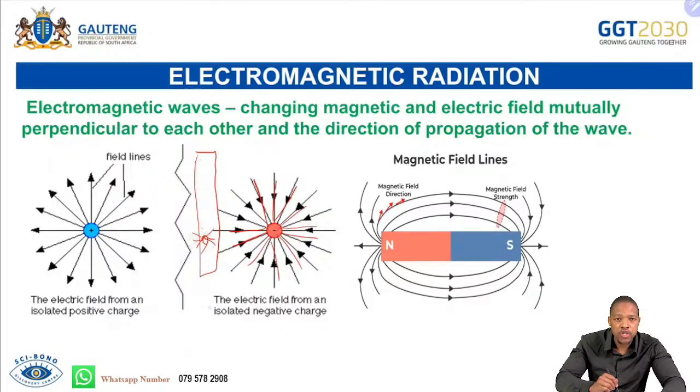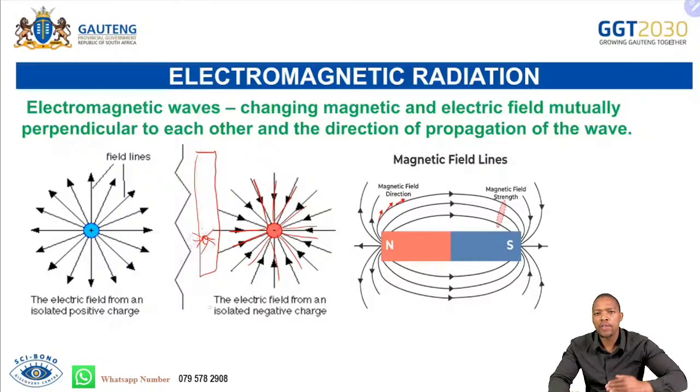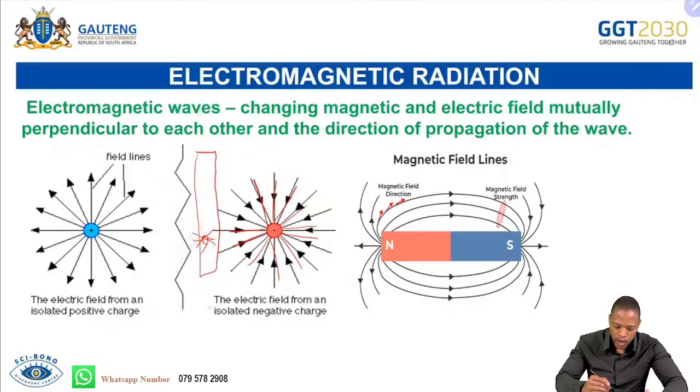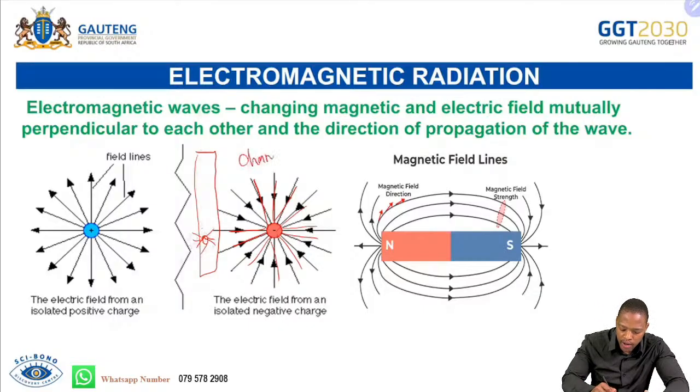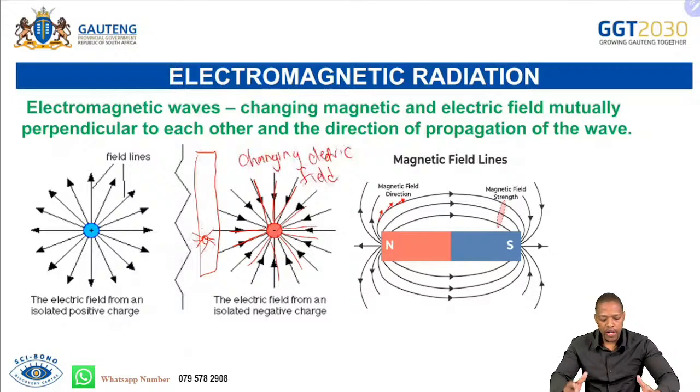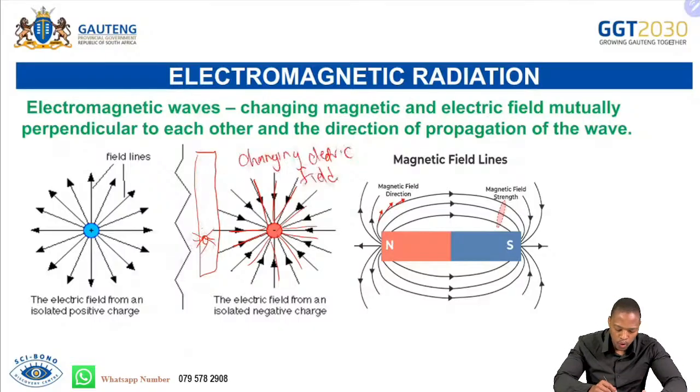Then we have a charge moving. So once you start having a charge moving, what are you going to have? You are going to have a changing electric field. So during electromagnetic waves, this movement of charge will cause a wave to propagate.